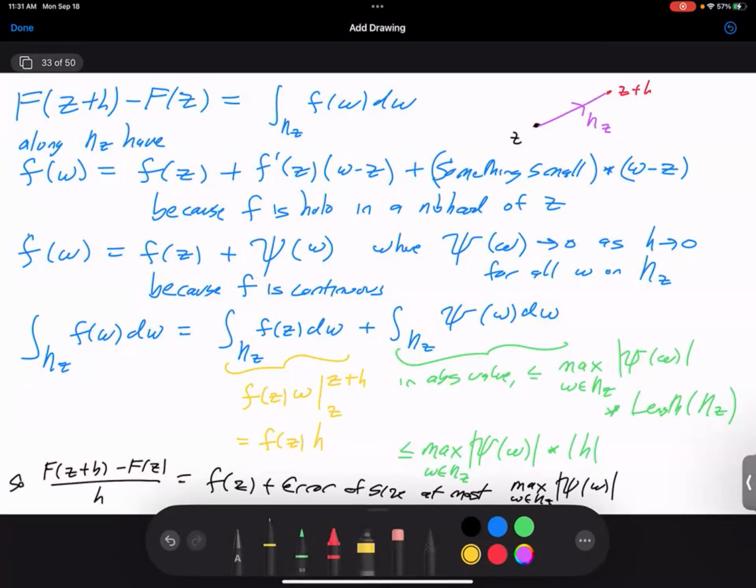And what can you tell me about this error? That's a 0. Yeah, goes to 0 as h goes to 0. And that proves the function big F is differentiable with derivative little f.